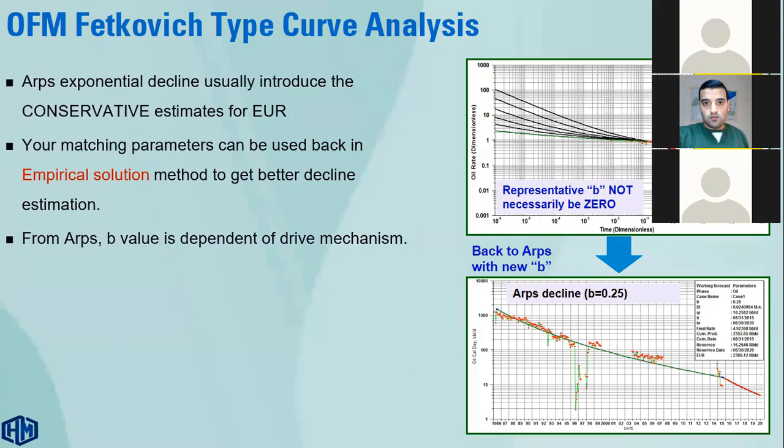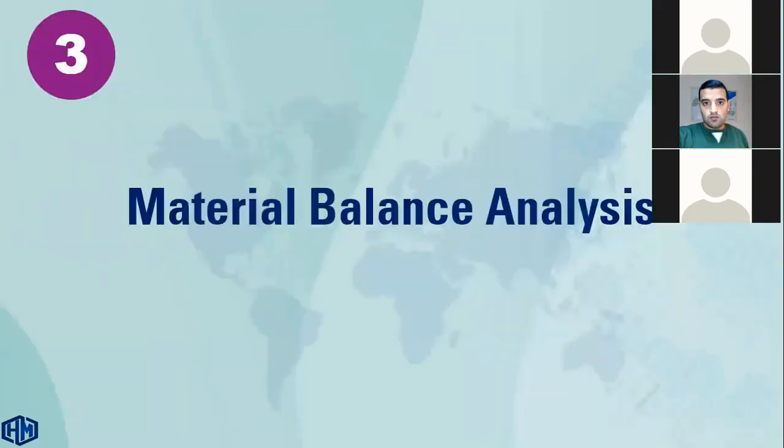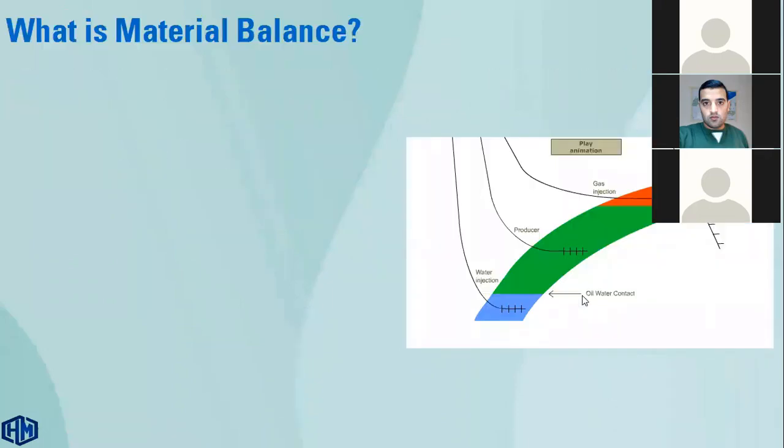However, if you need to identify the correct value of B, we can use the Fetkovich type curve and see the probable value of the hyperbolic exponent b. The third technique is the material balance equation.